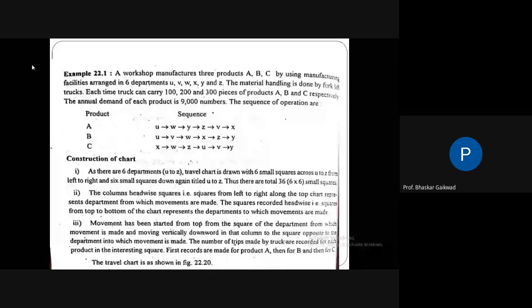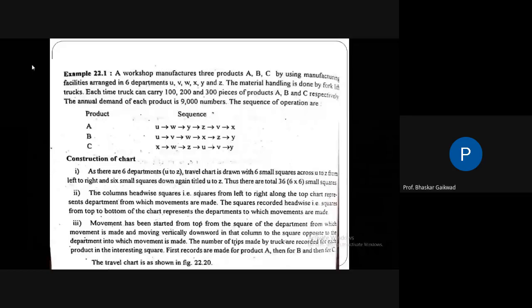The facilities are arranged in six departments: U, V, W, X, Y, and Z. Material handling is done by forklift trucks. This is one of the devices used in industry to transfer material from one place to the next place. So this is used for material handling.